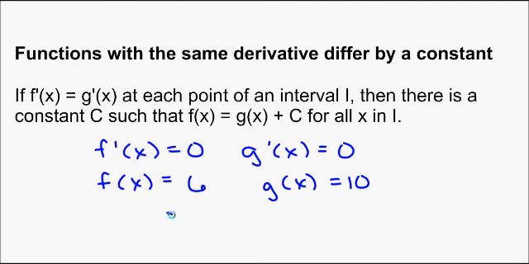Well, in this case, f of x equals g of x minus 4, because we would subtract 4 to get that 6.